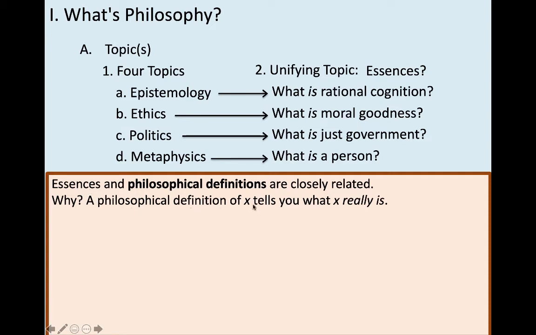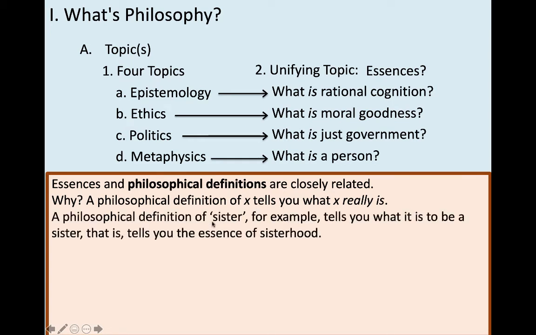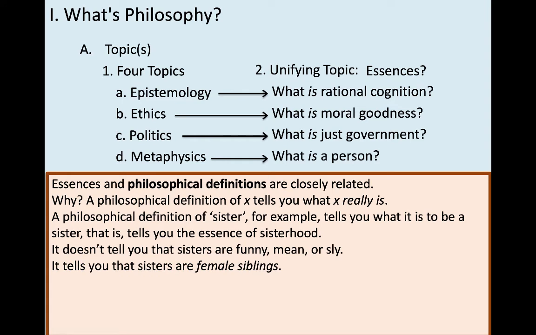So why do I say essences and philosophical definitions are closely related? Well, a philosophical definition of X identifies the essence of X, which is to say it tells you what X really is. So, for example, a philosophical definition of sister tells you what it is to be a sister. That is, it tells you the essence of sisterhood. It doesn't tell you that sisters are funny, mean, or sly, or list any other properties they might have. It tells you that sisters are female siblings.